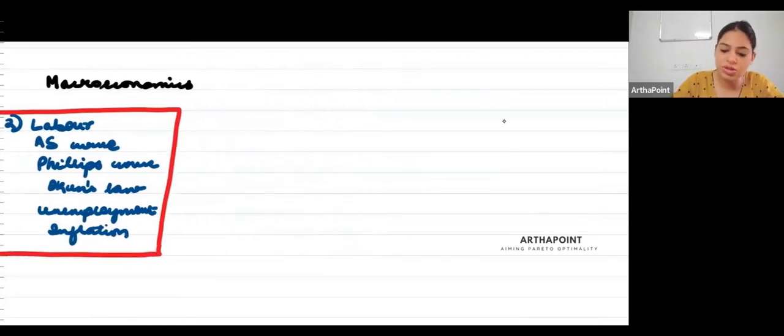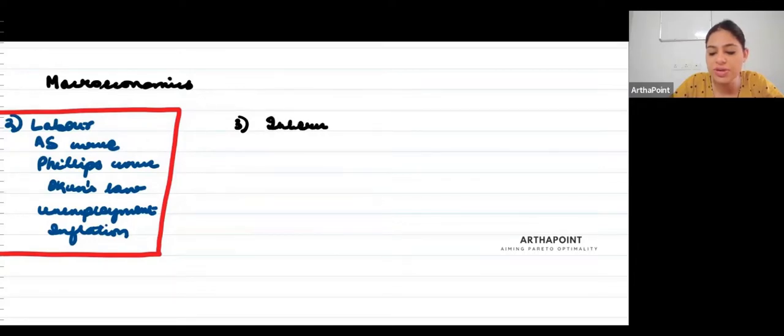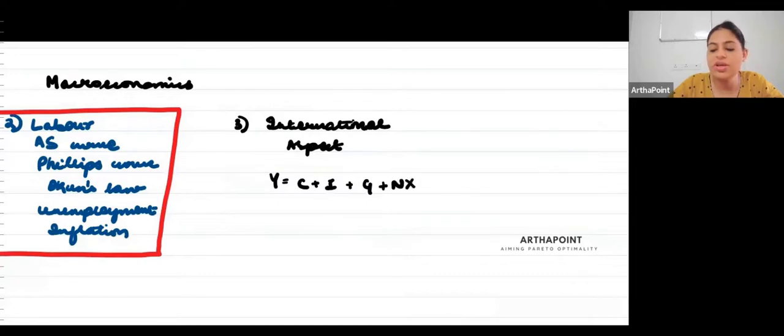The third chunk that I intend to do, that is where we will introduce your international aspect. So redoing these equations, but including the net export, talking about the import functions and all, that part.